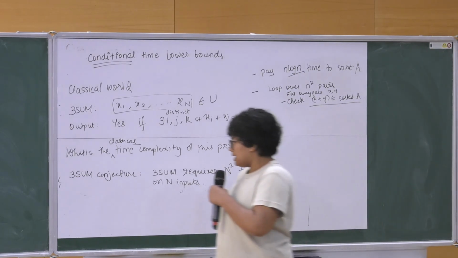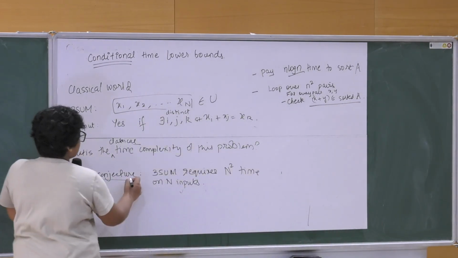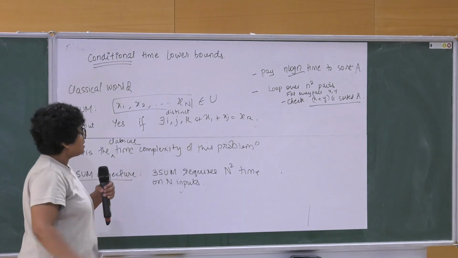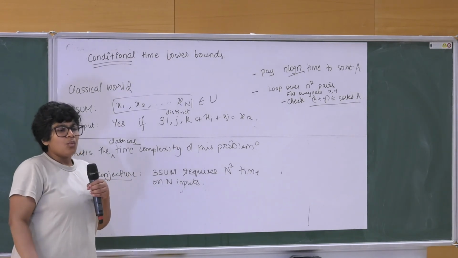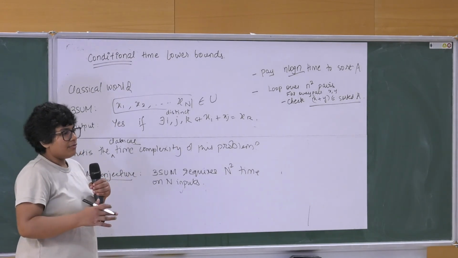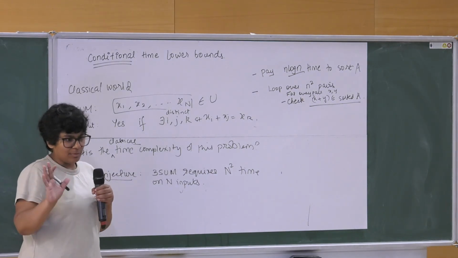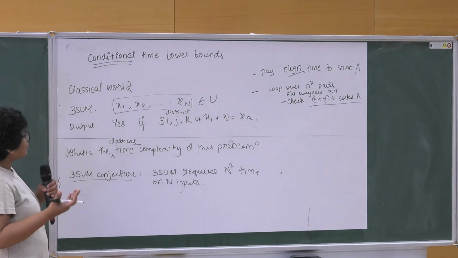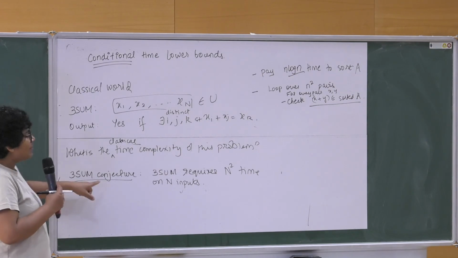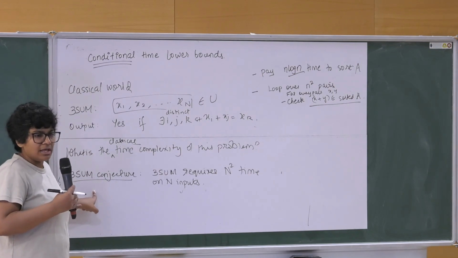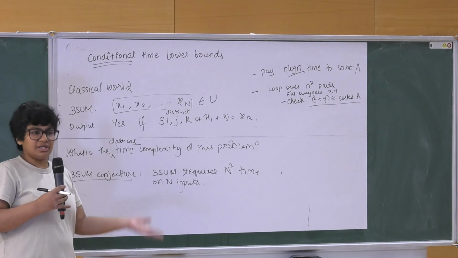Now, if I ask you what is the time complexity of sorted threesome? If I define a problem called sorted threesome, and we believe that the threesome conjecture is true, can we then give a lower bound for sorted threesome?